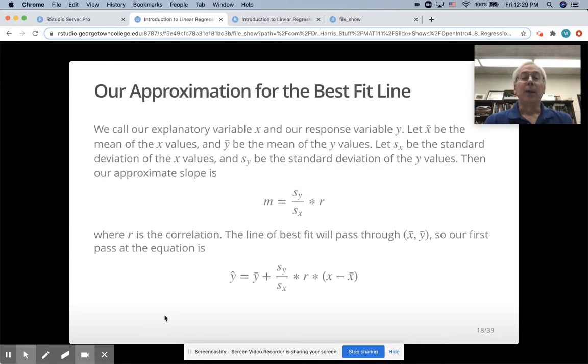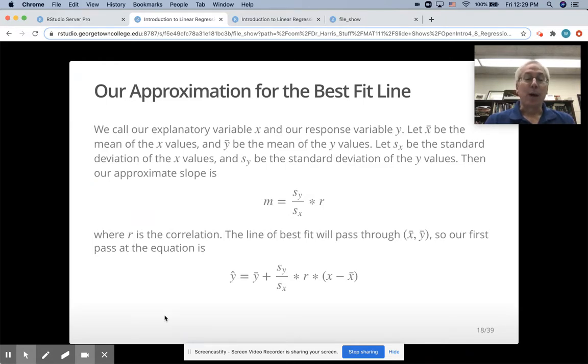And then the point x bar comma y bar, mean of the explanatory values, mean of the response values, is going to be a point that lives on the line. So using our point slope form, we get the equation y hat equals y bar plus the slope sy over sx times r times x minus x bar.